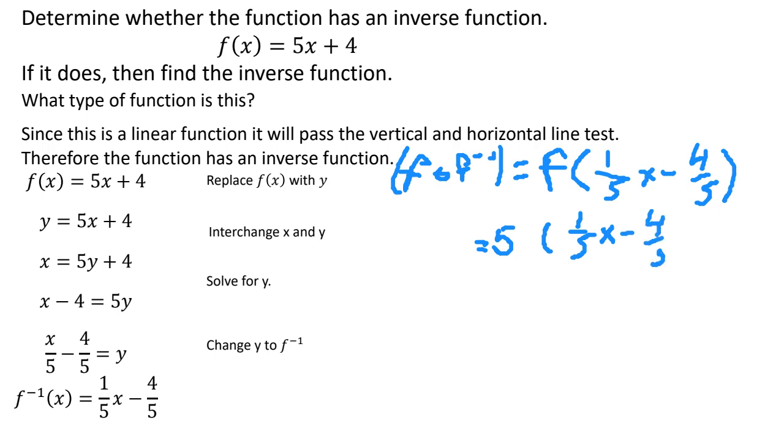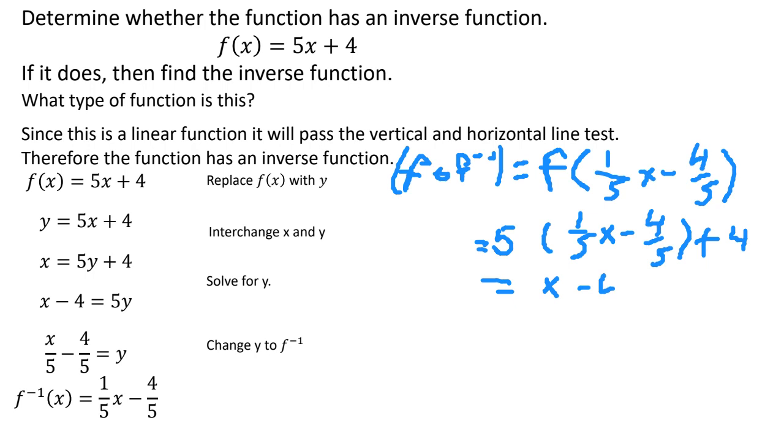Then we have the plus 4. Okay. All right. So let's go ahead and evaluate. I'm going to distribute this 5. So 5 times 1 is 5, and 5 divided by 5 is just 1. It's going to leave me the x. 5 times a negative 4 is a negative 20, and negative 20 divided by 5 is a negative 4. And then we have the outside, the plus 4.